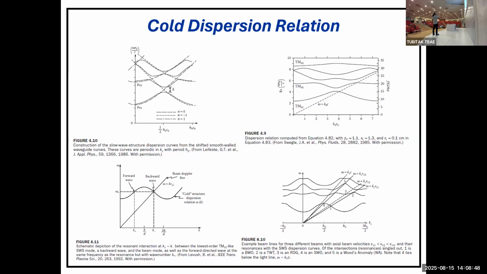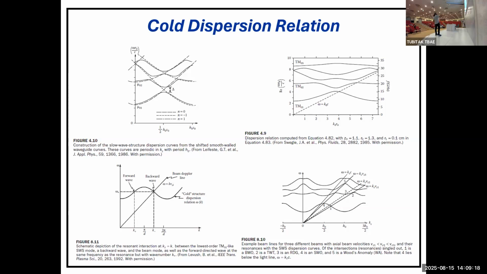Basically, you're gonna end up with a stop band, and some higher order modes are a mix of two or more of the smooth wall waveguide modes: TM01, TM02, TM03 if we are describing linear devices, and TE modes for circular devices, because this is the favorite field component that we want.